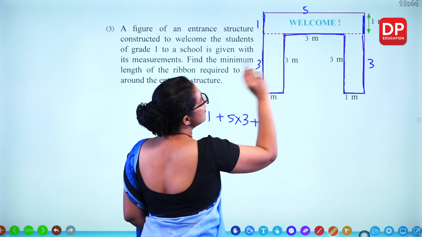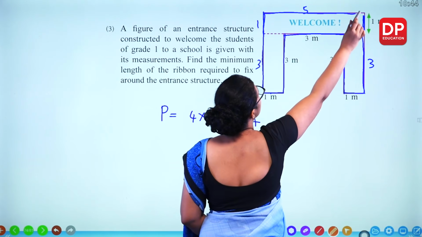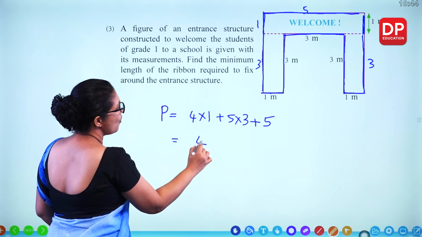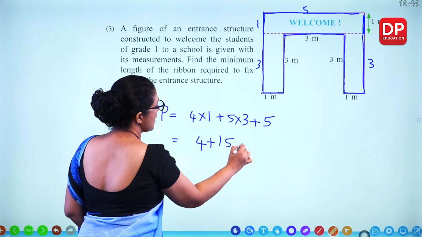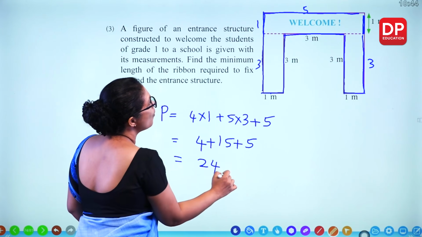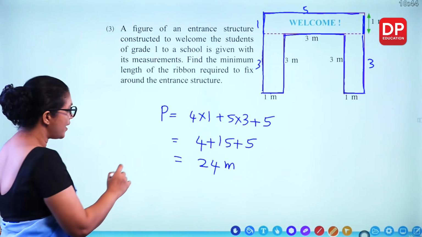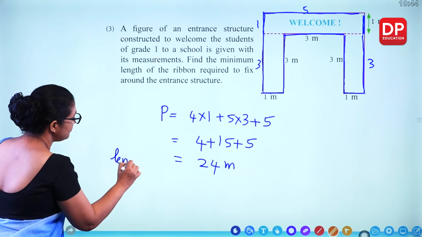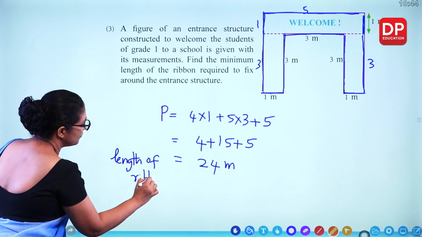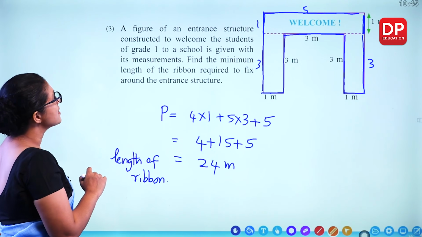And this is 5. This one is 5. Now add 4 plus 15 plus 5, you get 24 meters. So the length of the ribbon required is 24 meters.